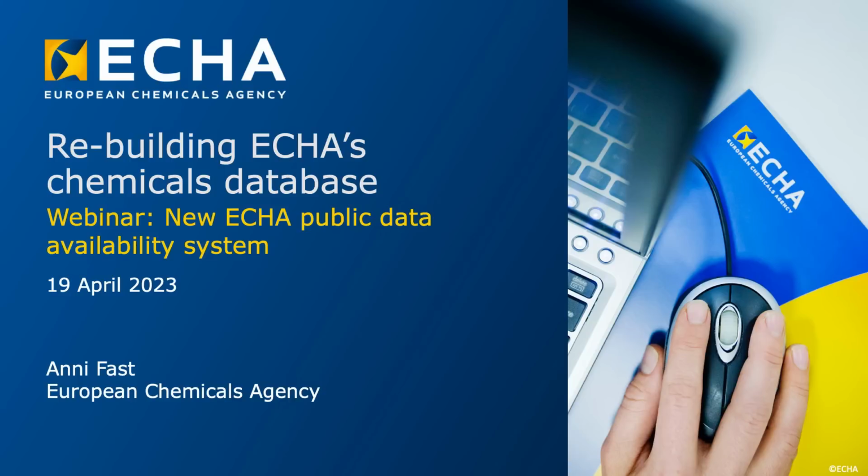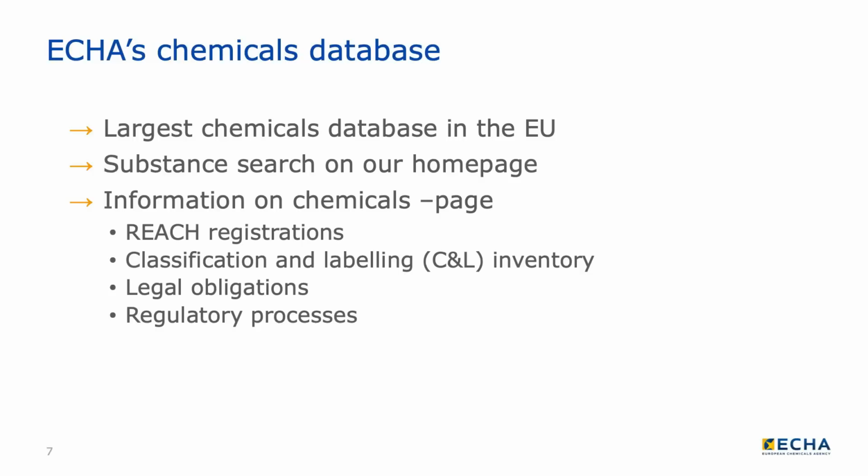Now, let's take a look at our chemicals database and the plans for rebuilding it. Our database is the biggest public database on chemicals in Europe. It brings together data from industry submissions and 56 pieces of legislation. It contains information for over 20,000 registered substances and over 200,000 substances notified to the classification and labeling inventory.